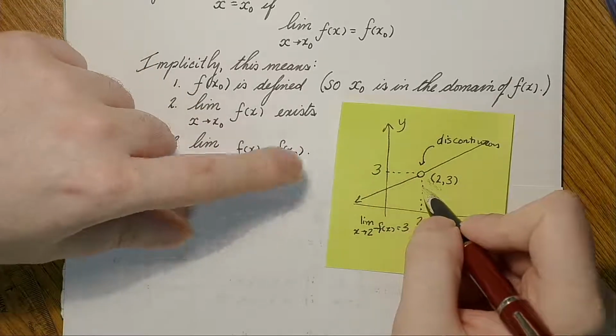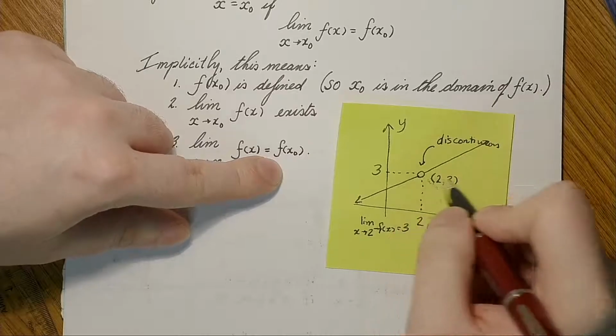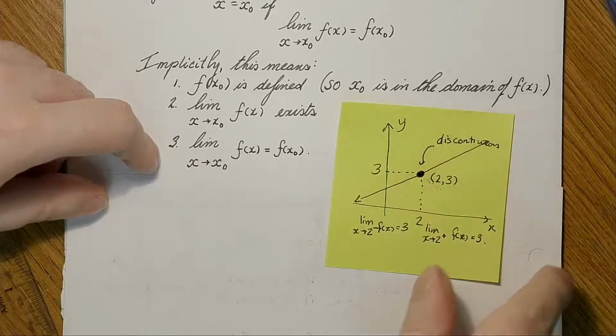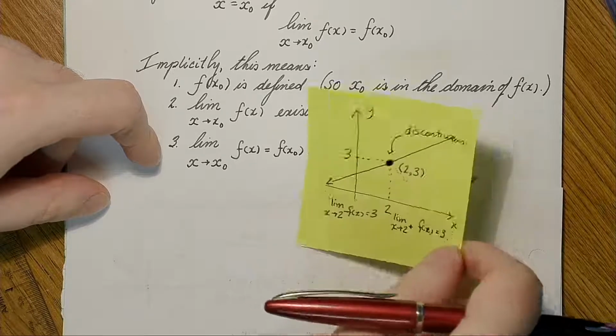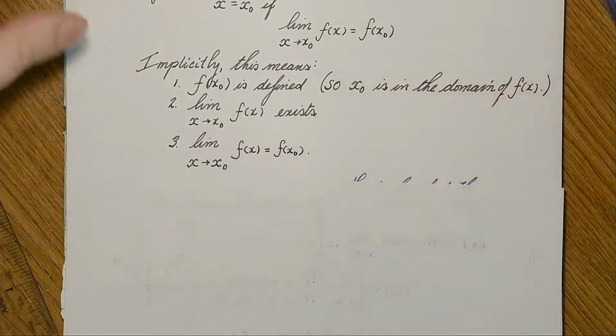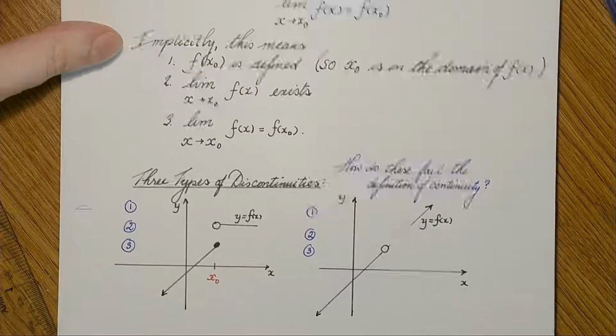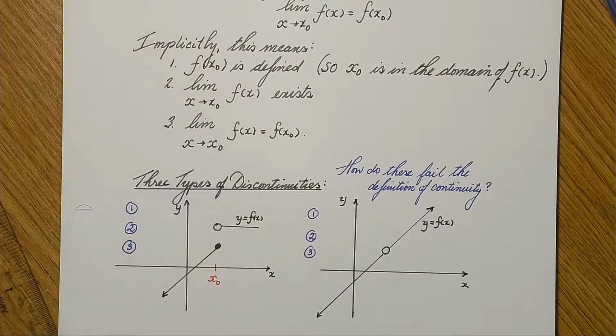So I have to be able to put that value in at 2. And in this case, it isn't. So if you wanted to make it continuous, you just fill in the hole. Okay, so that brings us to 3 different discontinuities.